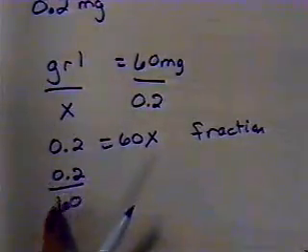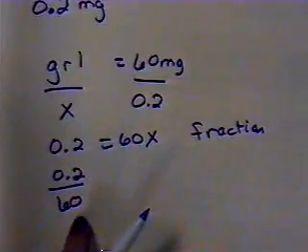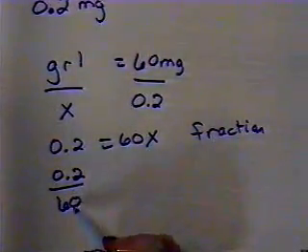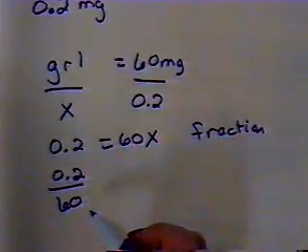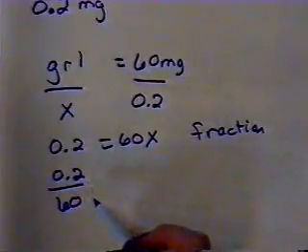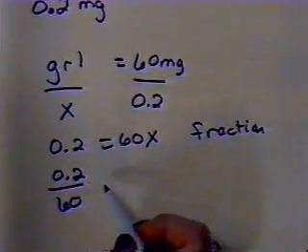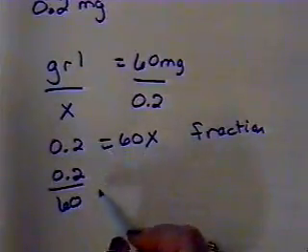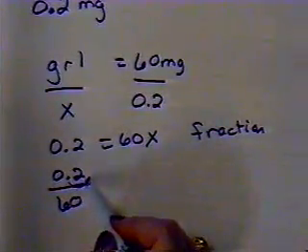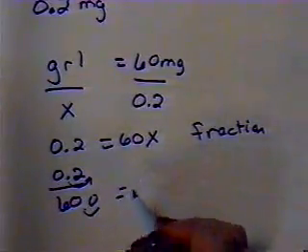We cannot leave it in this form. We cannot leave a decimal over a fraction. So what we have to do is think of multiplying the top and the bottom by 10. Multiplying by 10 moves your decimal over one place. You can multiply anything as long as you multiply the top and bottom by the same thing.